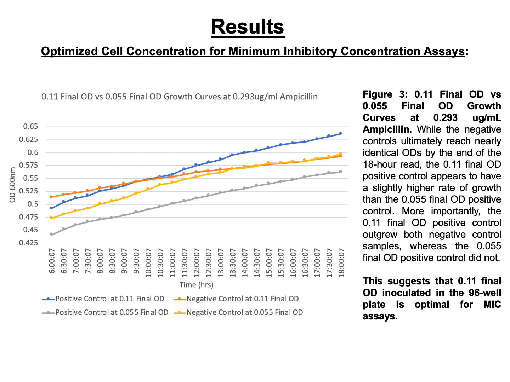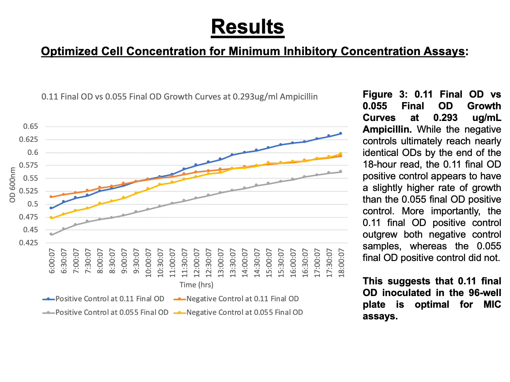Here you see the results of the optimization of final cell concentration for the assays. Clinical labs often report the use of the McFarland standard. We made the McFarland standard and measured its optical density, or OD, to be 0.11.